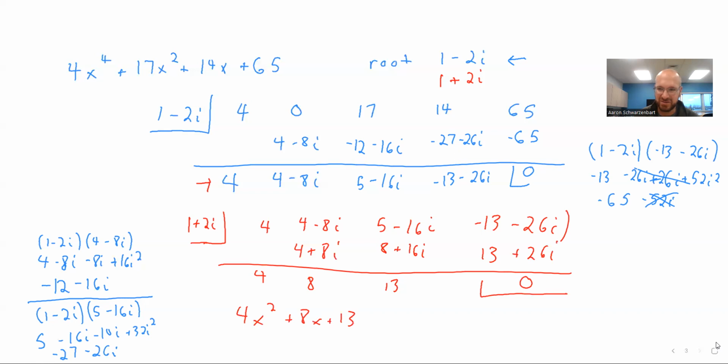Now I want to find those roots. So I'm going to use the quadratic formula. Need a new page. And I know I'm going to write my roots here, so I'll use them again.